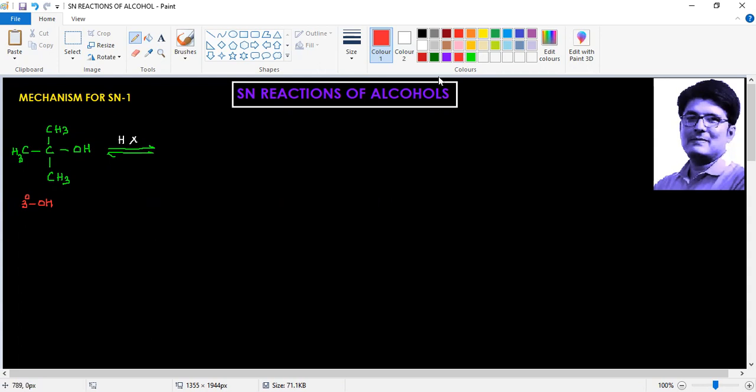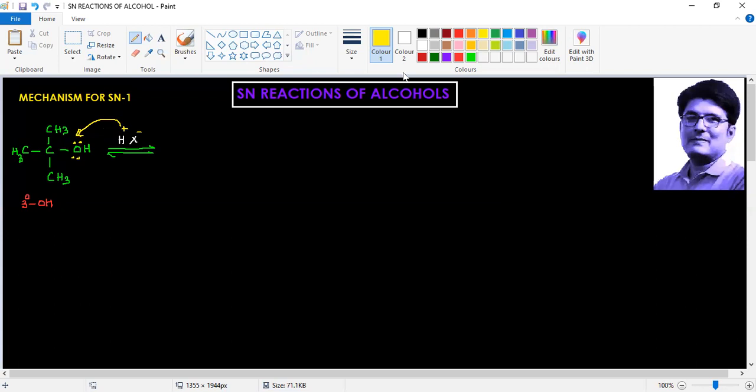Now, first what happens is, H plus X minus, first H plus is going to attack the lone pairs over here, as I said previously. Here I'm doing protonation, so it gives a protonated ion. Once the protonated ion is obtained, it can behave as a good leaving group.